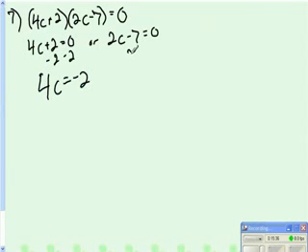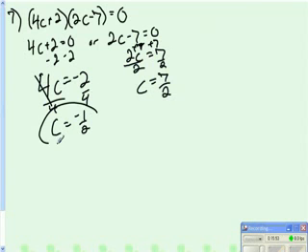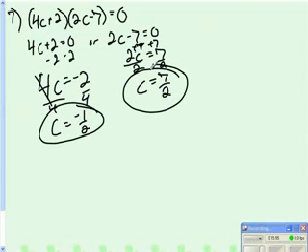You need to know how to do that. Plus 7. Divide by 2. And in this case, I don't get a whole number. That's okay. And I forgot to finish this one. So it's either that or that. One or the other.